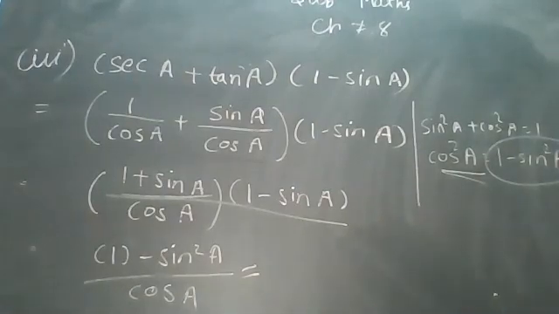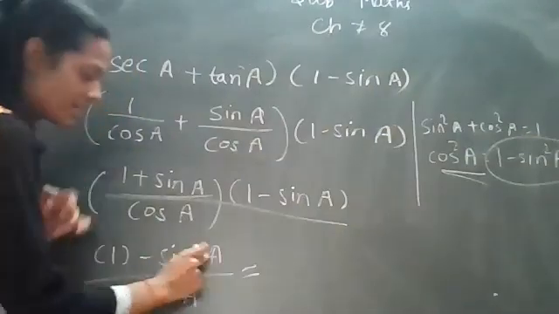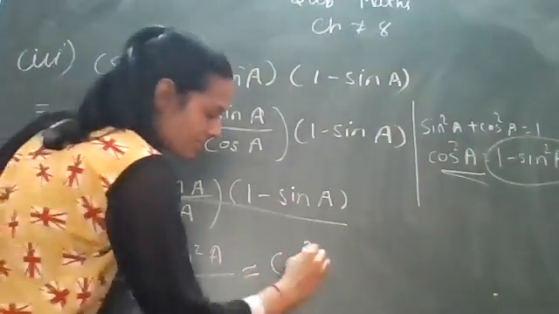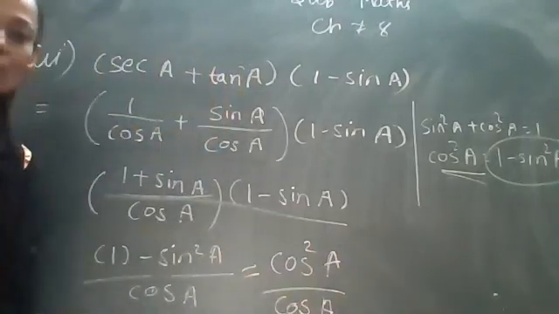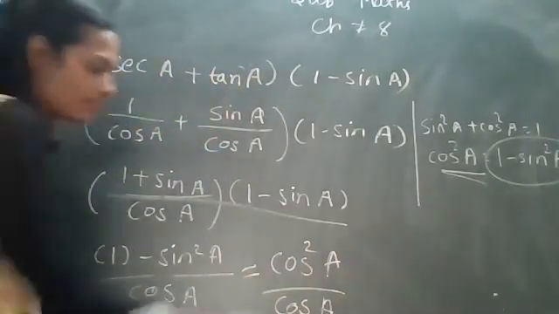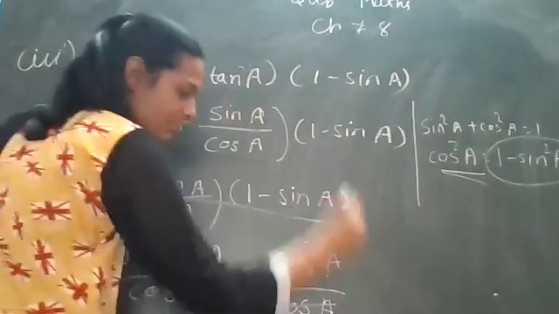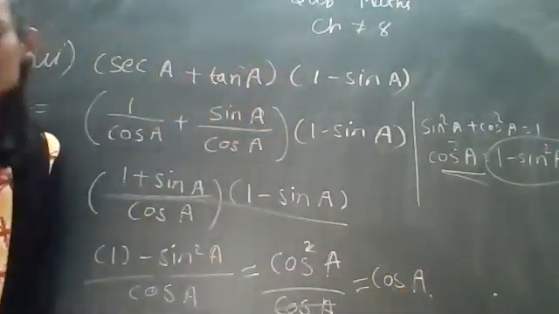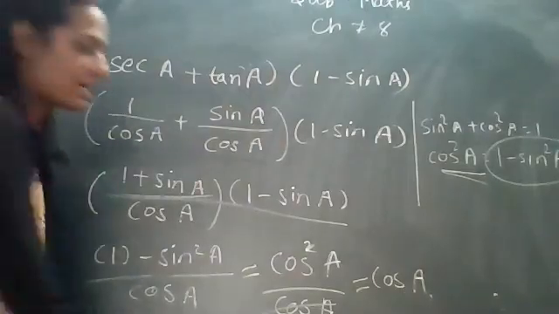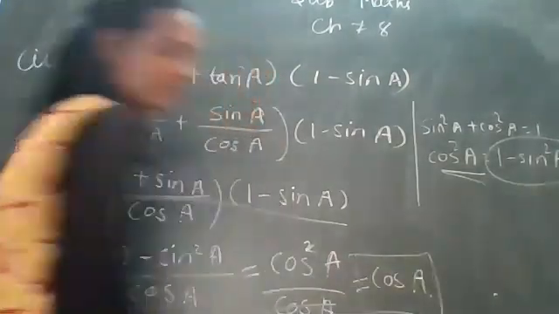Yes, ma'am. Okay. So we write cos square A upon cos A. One cos will be cancelled out, and the remaining answer is cos A. So cos A will be our final answer.